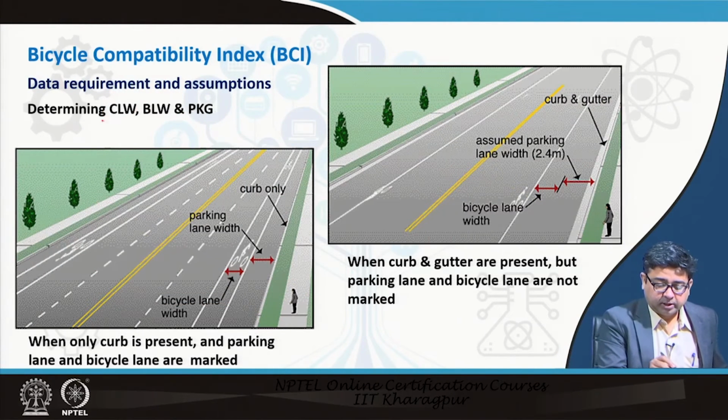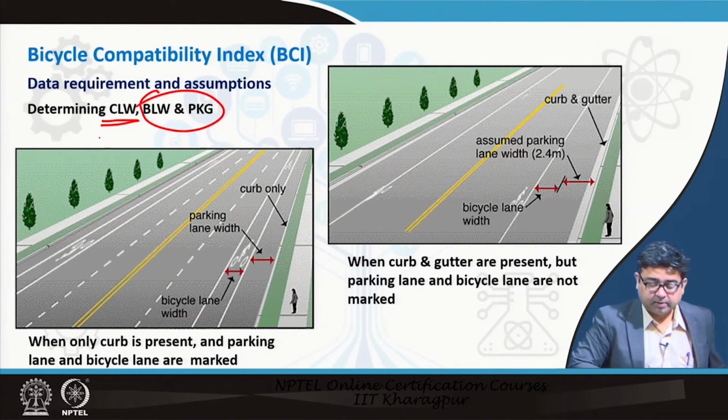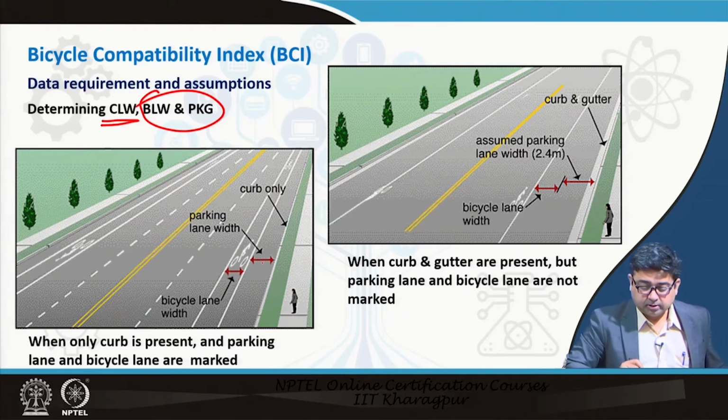Similarly, if you have to determine curb lane width when both bicycle lane and parking are present, the dimensions are shown here once again.